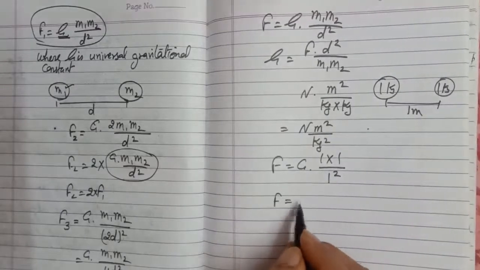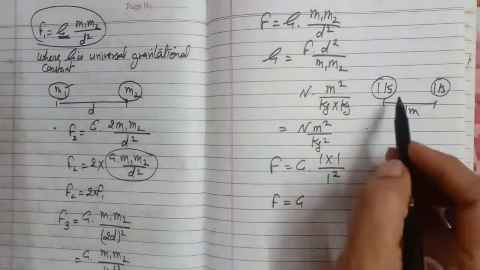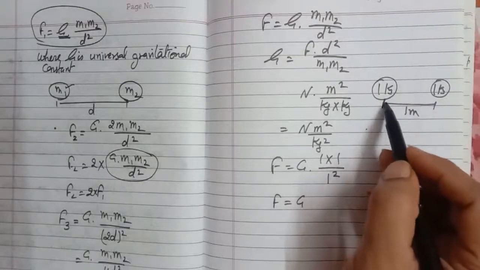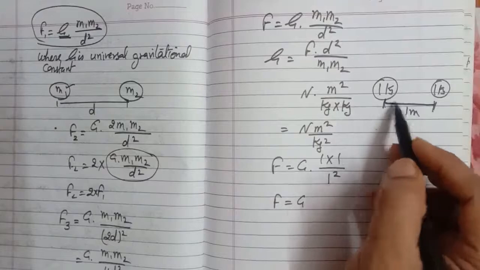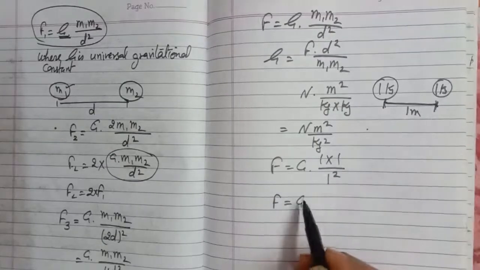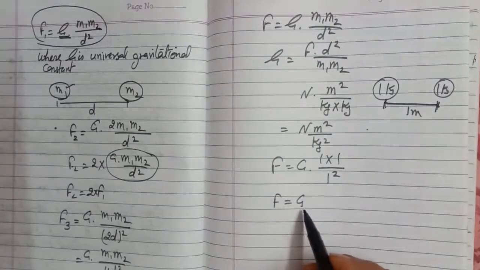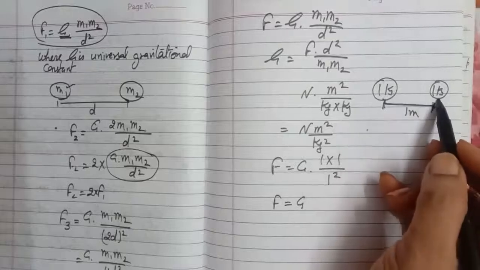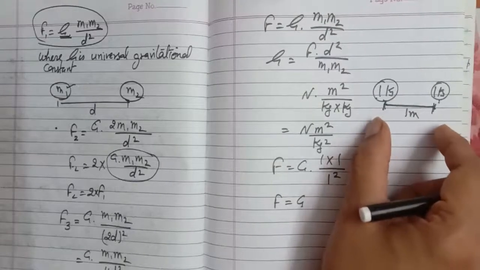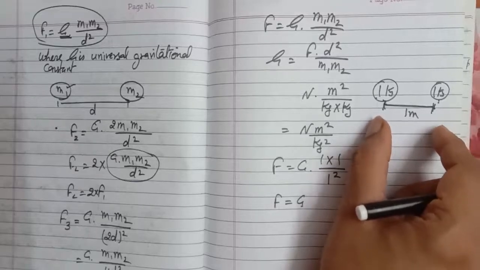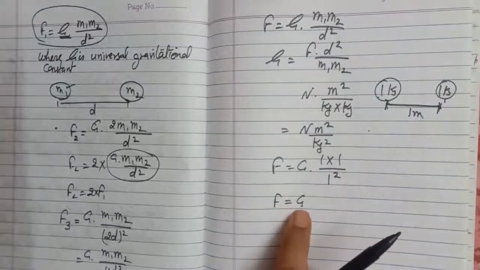So we get F is equal to G. It means the force of attraction acting between two objects having the mass of 1 kg and placed at a distance of 1 meter is equal to the universal gravitational constant.